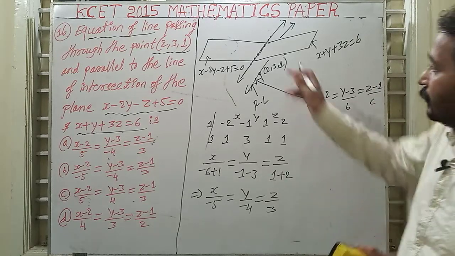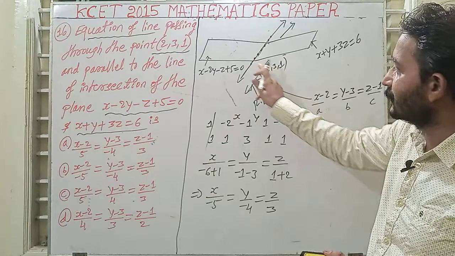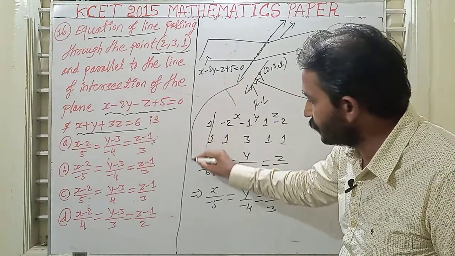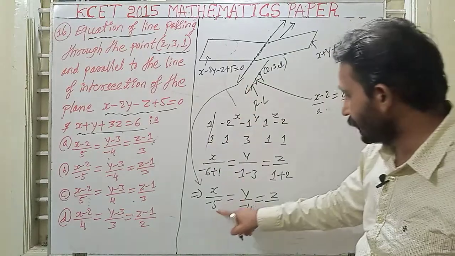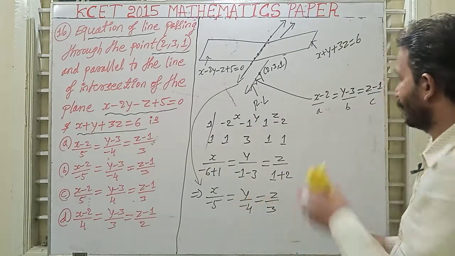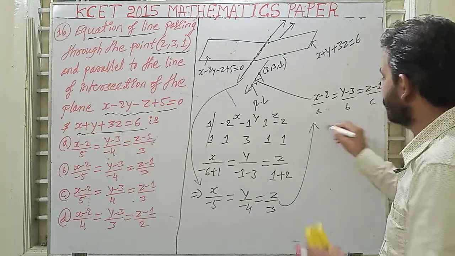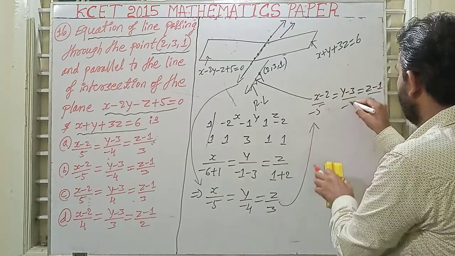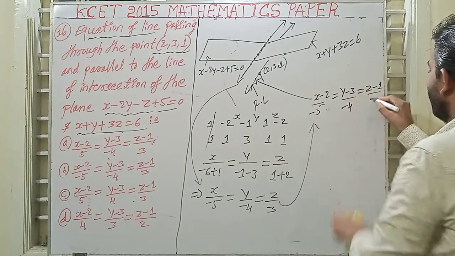The direction ratios of these two lines are the same, in the ratio. So what are the direction ratios of this line? -5, -4, 3. So A is replaced with -5, B with -4, C with 3. So we get the required answer.